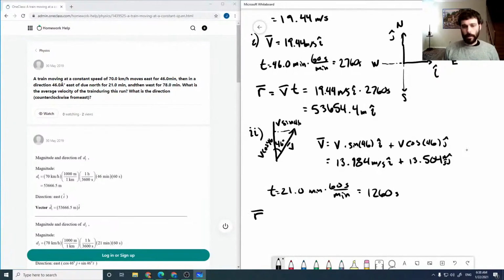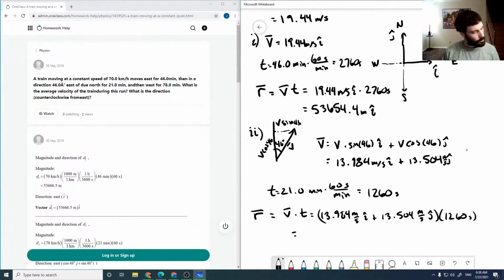And so then my displacement is my velocity times my time, which comes out to be, and of course, the seconds will cancel here, this distance in the I hat direction, and this distance in the J hat direction.